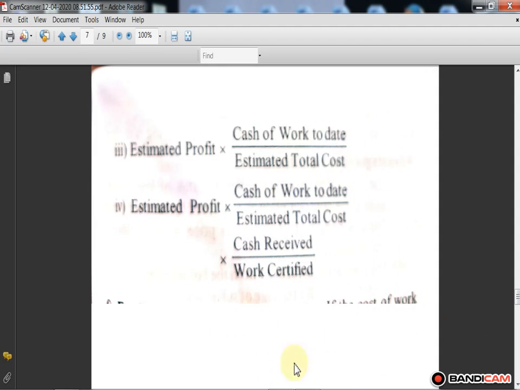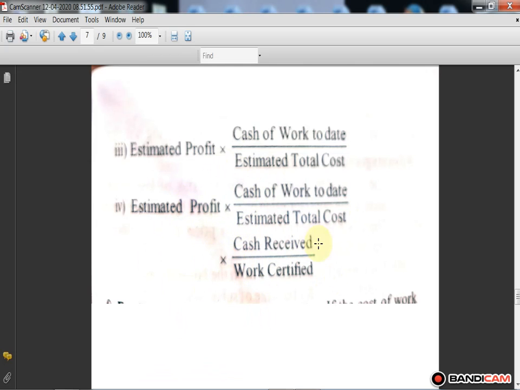Here we find the estimated profit when the contract is near completion of work. Then we find the net profit. It means this is the last stage to find the profit of the contract.